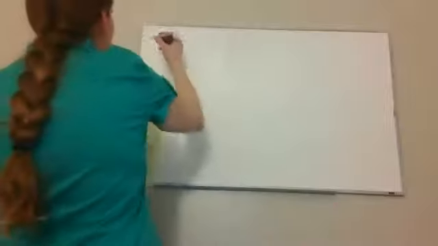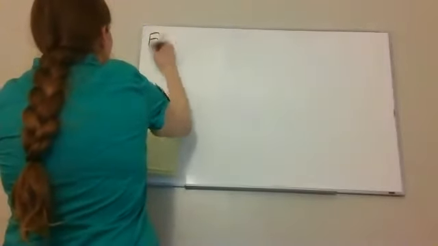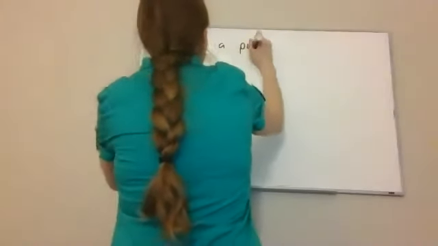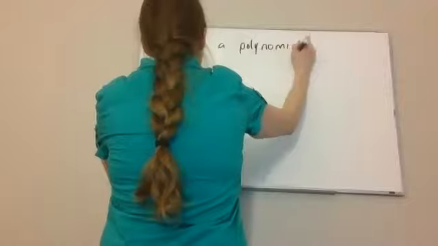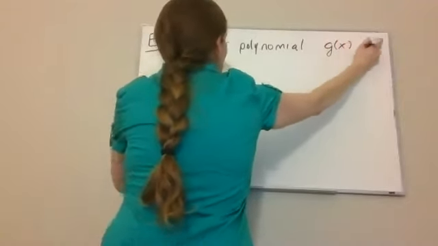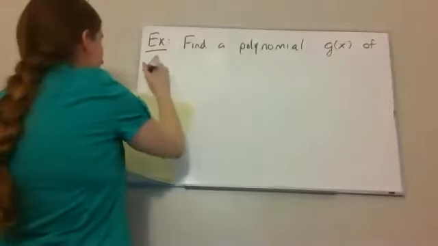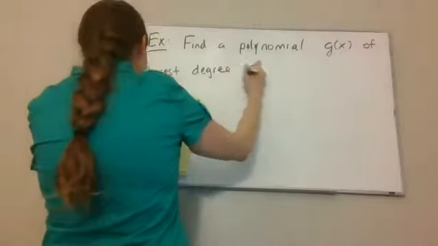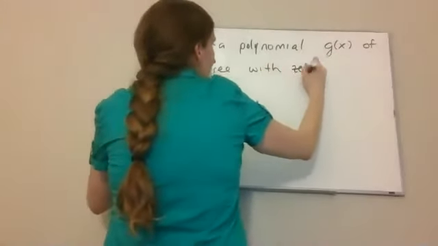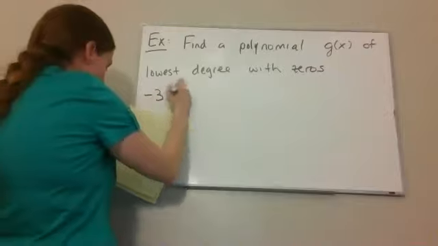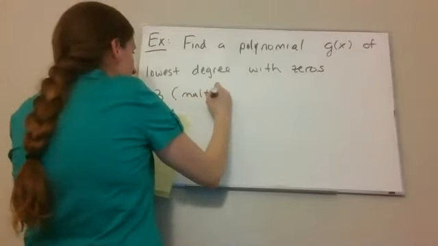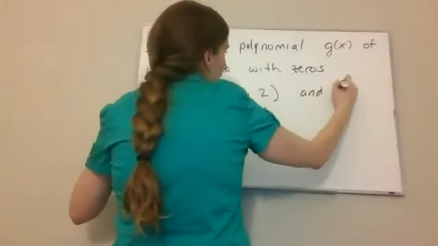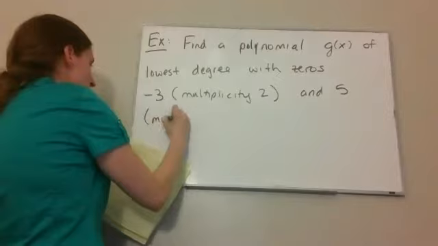Another example. Find a polynomial g of x of lowest degree with zeros -3 with multiplicity 2, and 5 with multiplicity 2.